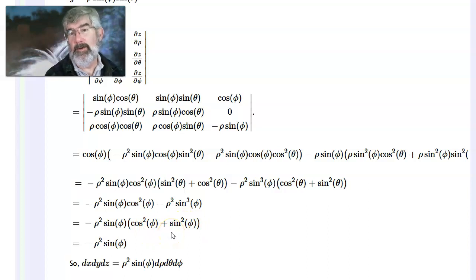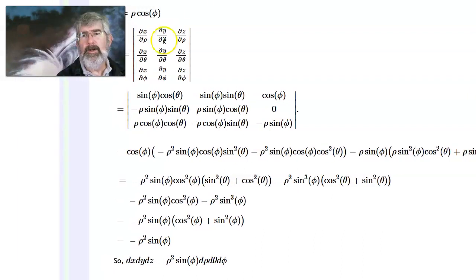Sine squared phi plus cos squared phi is 1, and I just get minus rho squared sine phi. And that pesky minus sign, just because I chose the order rho theta phi. If I had done it rho phi theta, then my Jacobian would have come out positive.